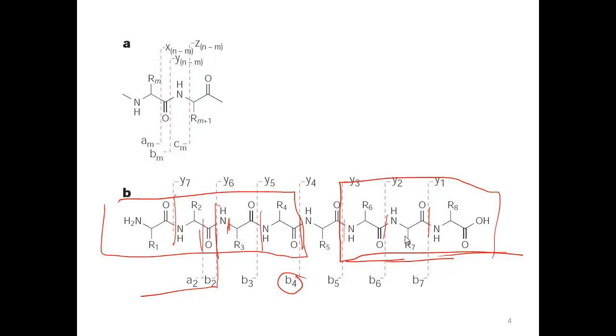If we fragment here between the alpha carbon and the amino group, we'll have a Z ion. If we fragment between the carboxy group and an alpha carbon, we would have an X ion. So we have XYZ ions, ABC ions, and that's the reason for the title of the article that you're reading, the ABCs and XYZs of mass spectrometry.